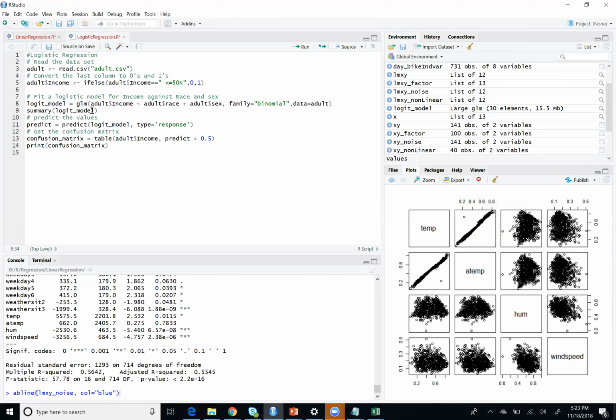GLM is basically the logistic regression fit, and to use the sigmoid function we set family equals binomial, and this is my data set. Let's fit a logistic regression model to this and see the summary. The next part is where we predict and plot the confusion matrix, but it's just 7 lines of code. Let's quickly write this.